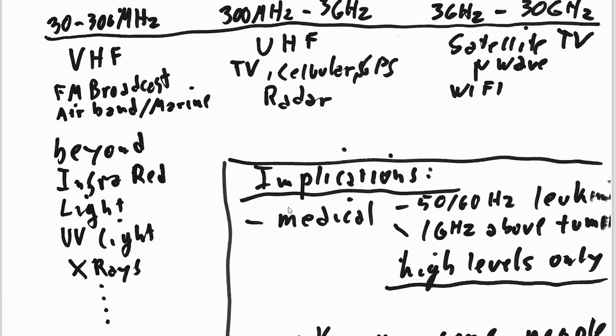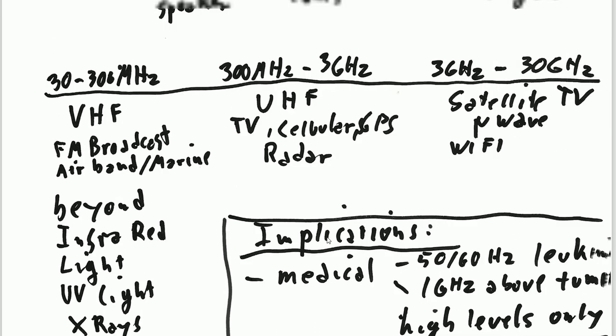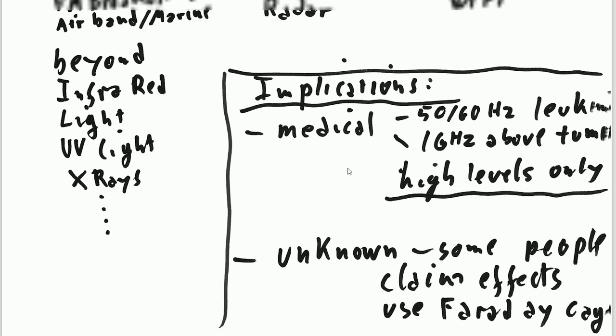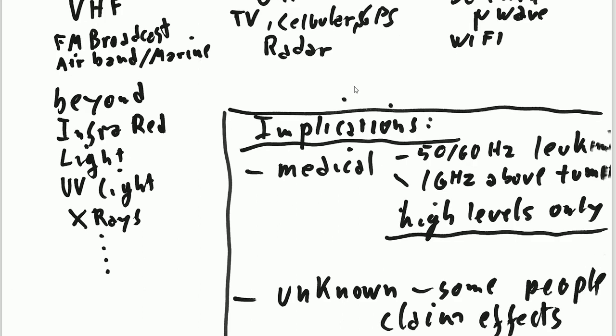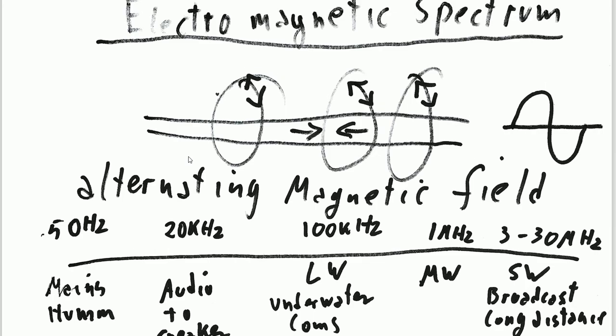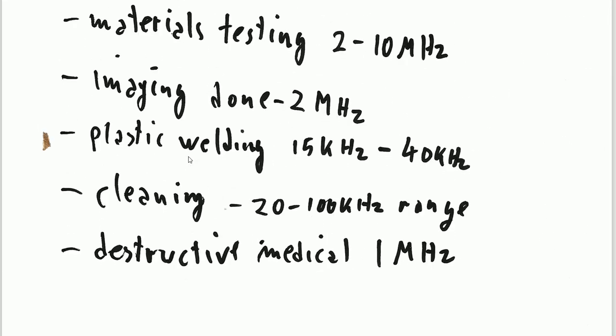Okay. Beyond, we've got infrared light, we've got UV light, X-rays, and we've got normal light as well. And the big question is, what are the implications when we look at all those frequencies and everything which is there?